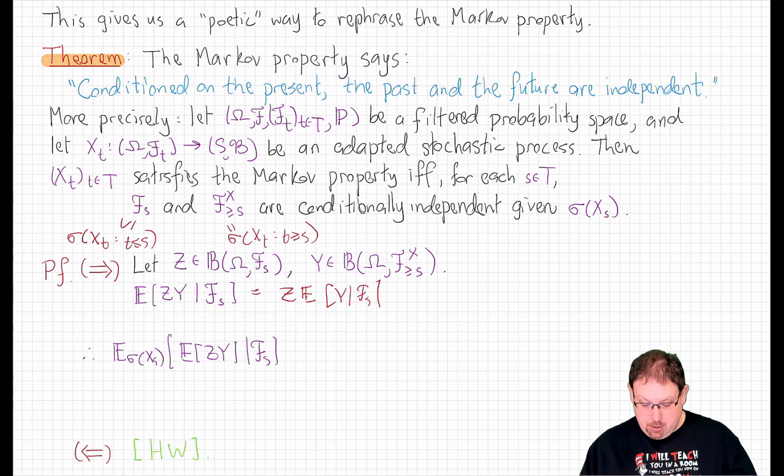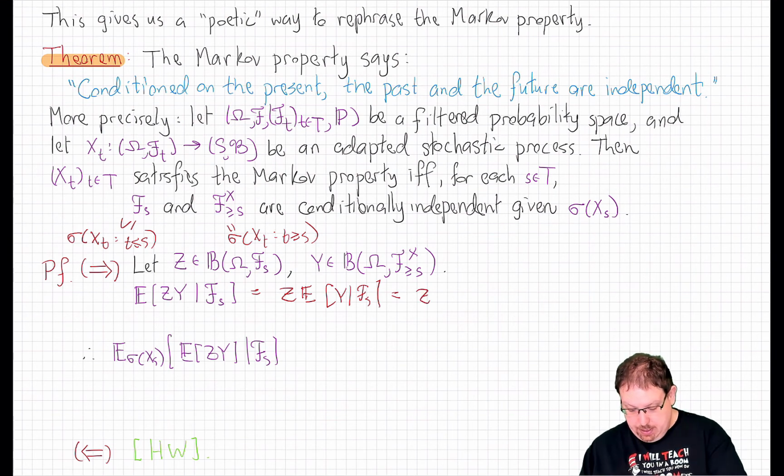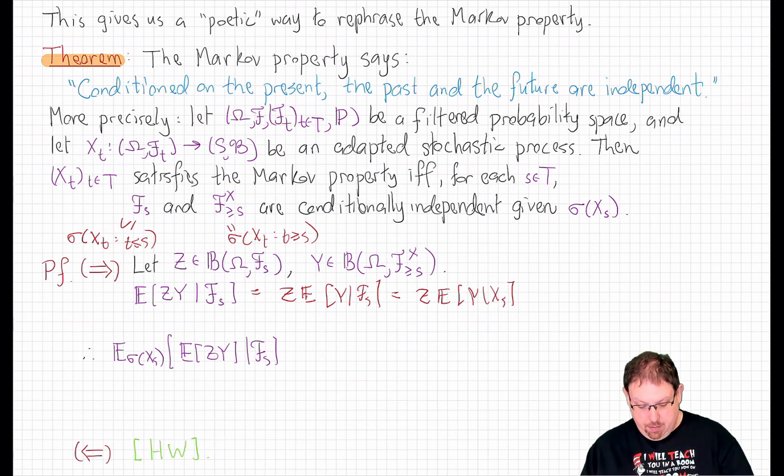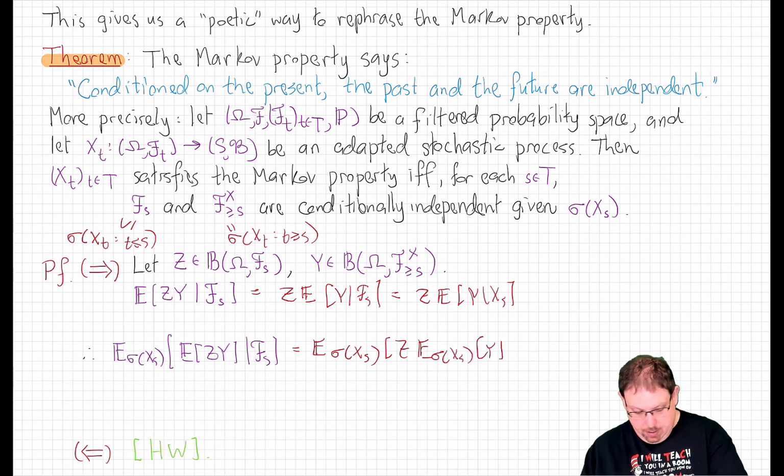And by the proposition we just proved, that conditional expectation, since Y is future-s measurable, is the same as the conditional expectation of Y given just X_s. Therefore, if I further condition this on the sigma field just generated by X_s, that's the conditional expectation given X_s of Z times the conditional expectation given X_s of Y.